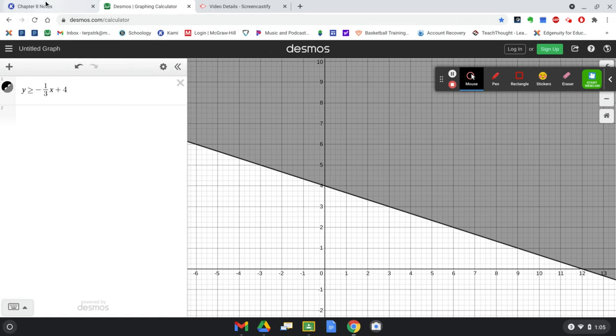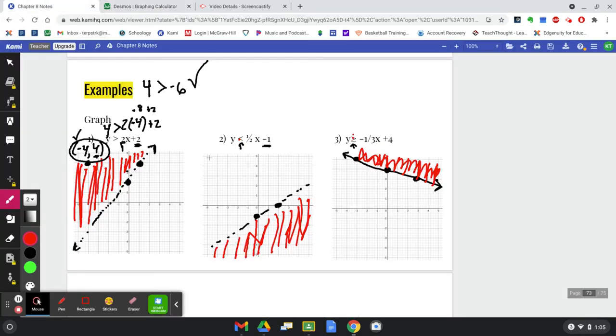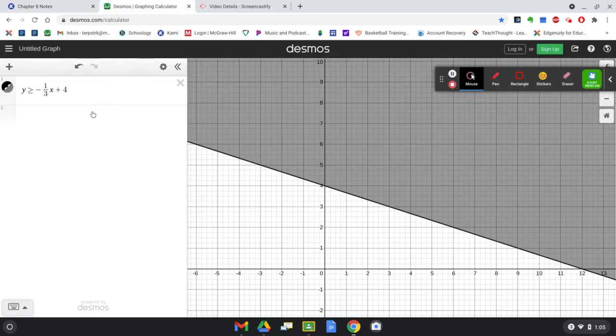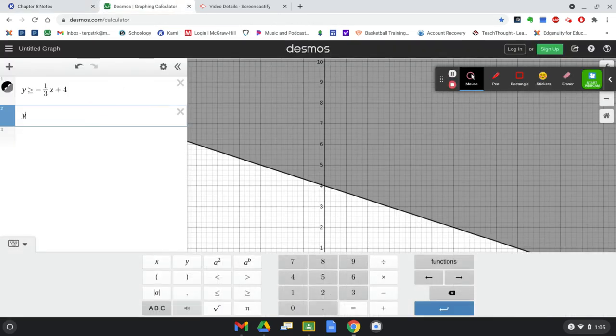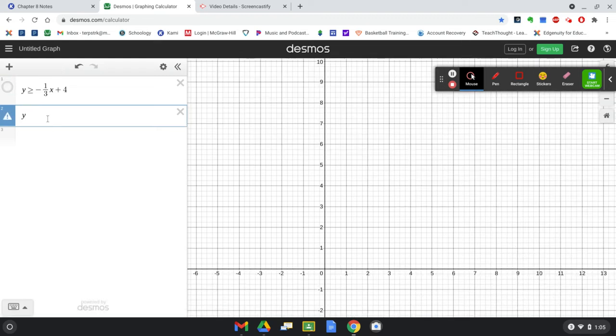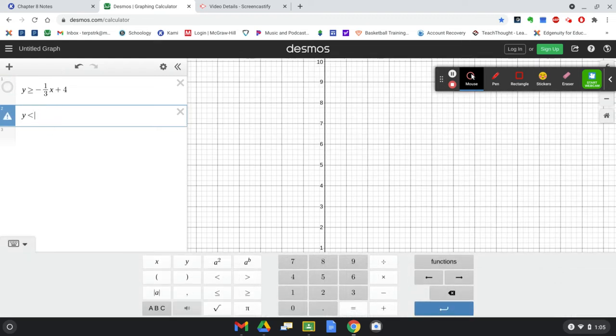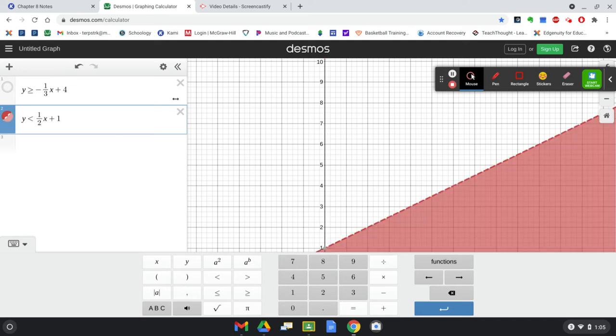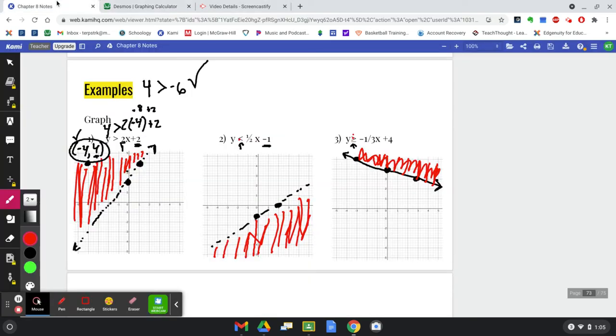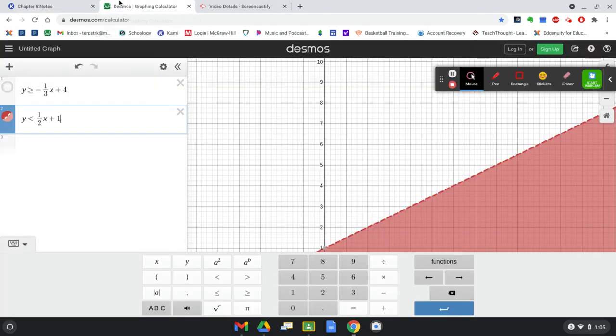All right. I just want to show you a dotted line and what that looks like. Y is less than 1/2 x minus 1. So I could type in y is less than 1/2 x minus 1.